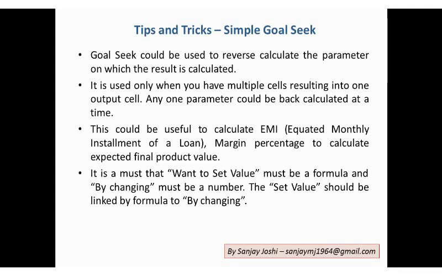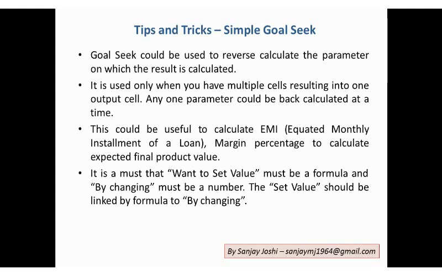Remember, one of the limitations of goal seek is that it will change one parameter at a time, which means if there is one particular output and that is dependent on 3-4 inputs, you can change one at a time, not all at a time. That's the limitation of this particular thing.